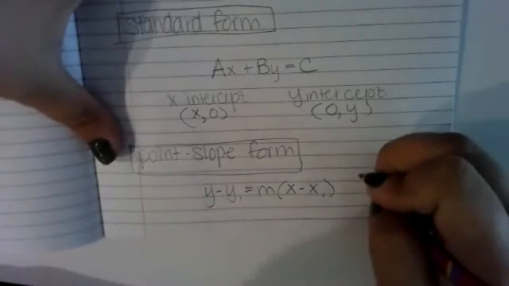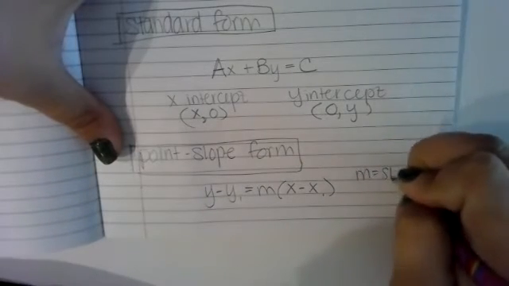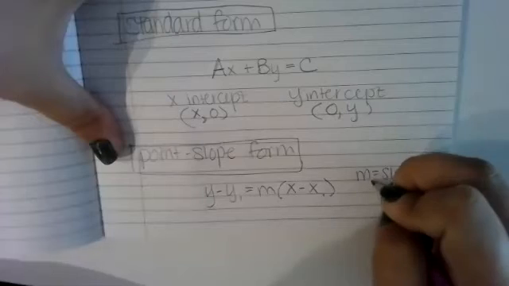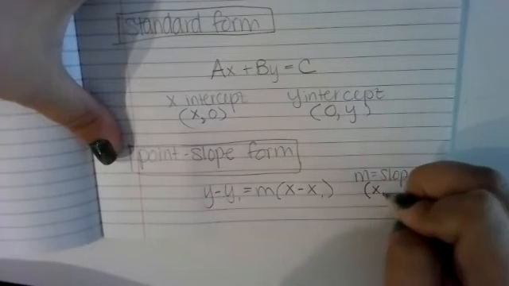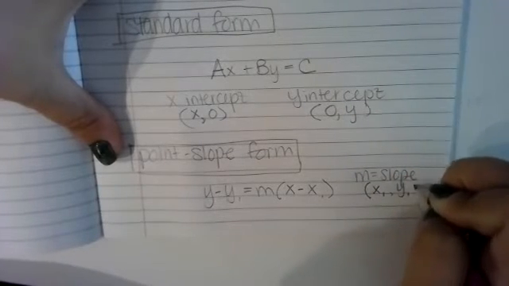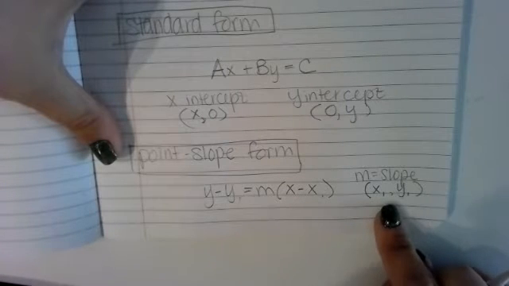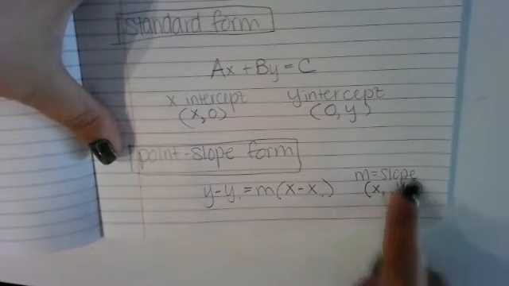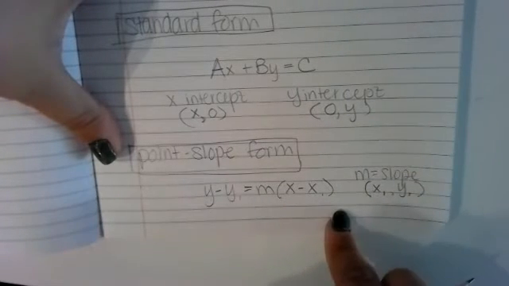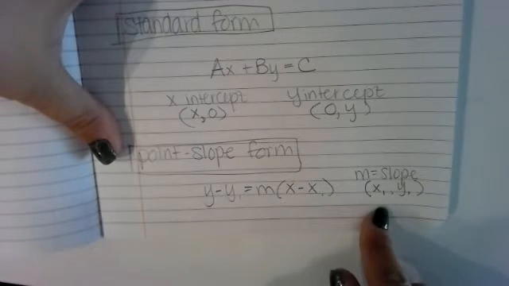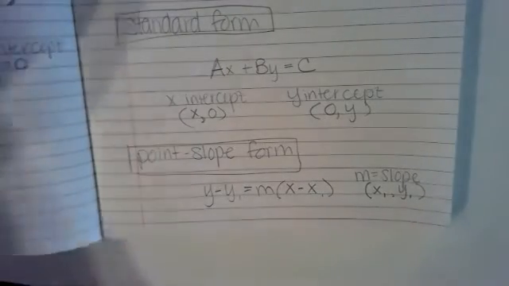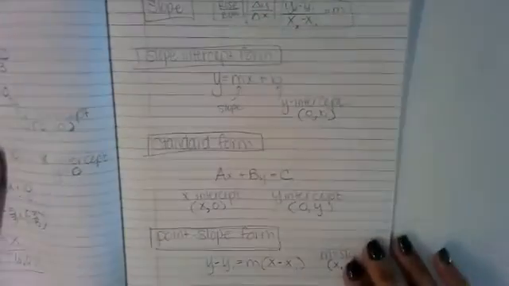So just to recall, m equals slope, and this would be x1, y1 in an ordered pair. I'll go over in a moment what we do with this information, but this is the form.